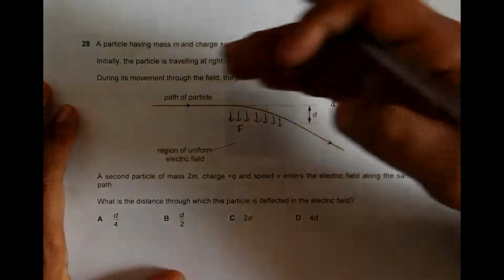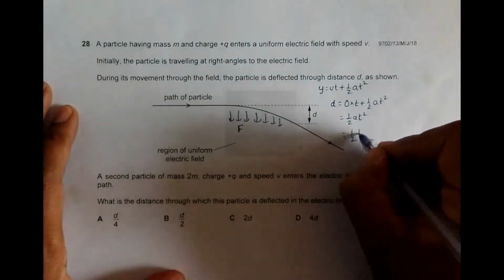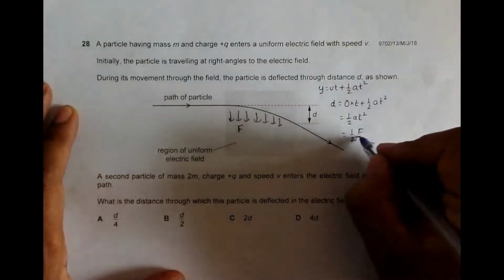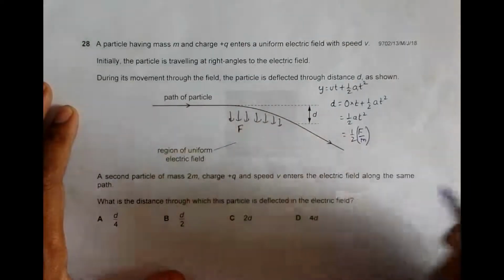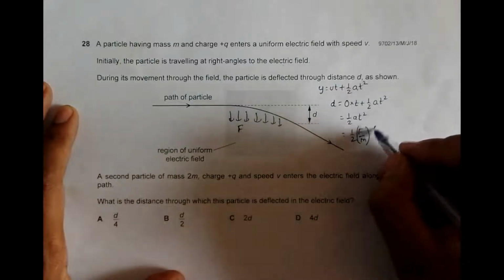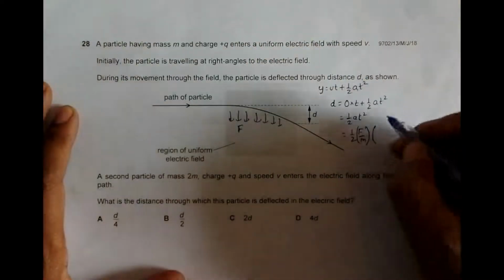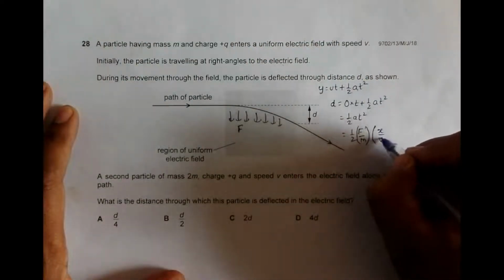Now the acceleration in this direction should be equal to the force in this direction divided by mass, and then I express the time t in terms of the displacement and the velocity here, so t is x by v.